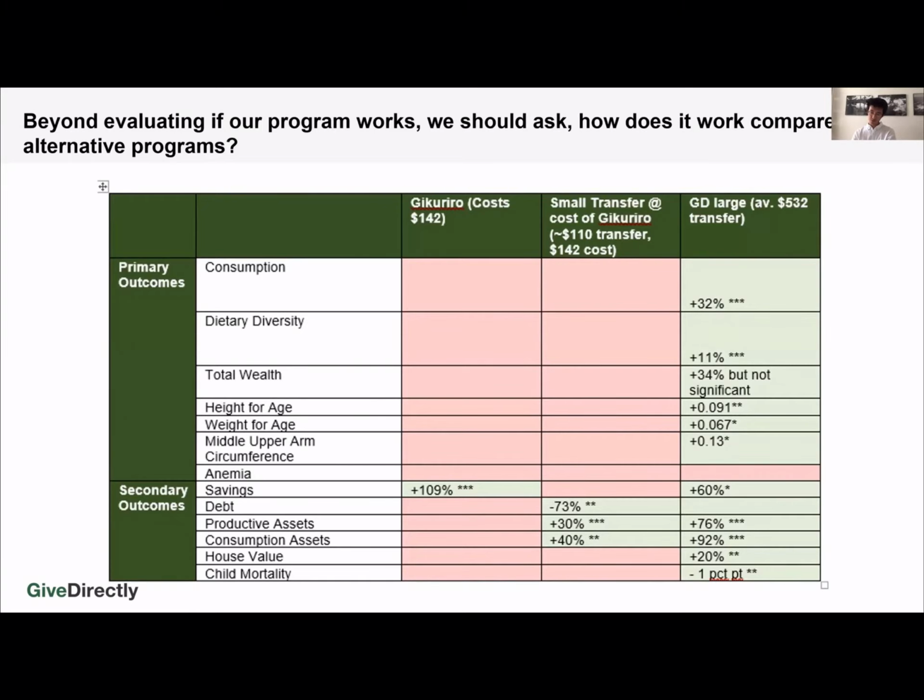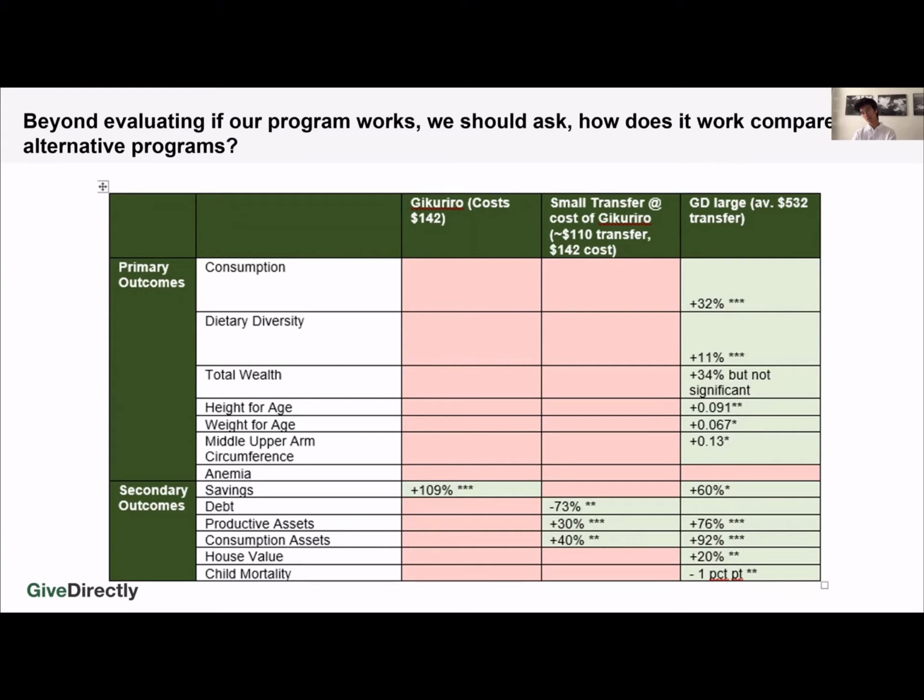This again was a randomized controlled trial. There are 3 treatment arms here. Gikariro is the name of that bundle. It was just a local name in Rwanda for that bundle of services that I had described. The middle column here is a small cash transfer, about $142, so sized the same amount as Gikariro, the bundle of services.